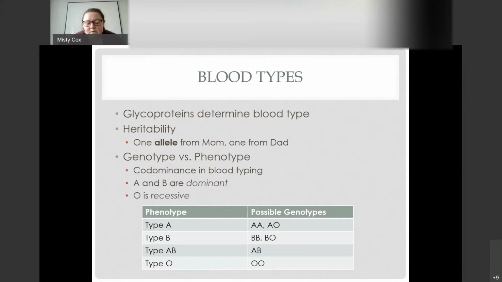Same thing with type B. You can get a B from both parents, or a B from one parent and an O from the other. Because O is recessive and B is dominant, you have type B blood. That's your phenotype. And type AB is because A and B are codominant. You get an A from one parent and a B from the other, you get AB blood. And type O is recessive, so you have to get an O from each parent.